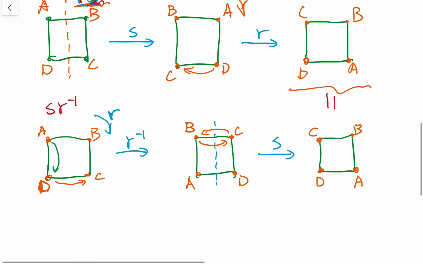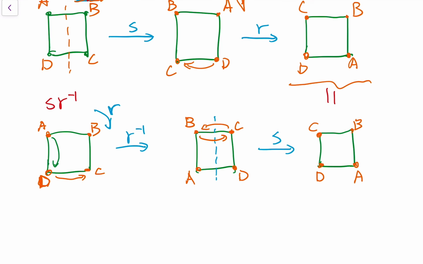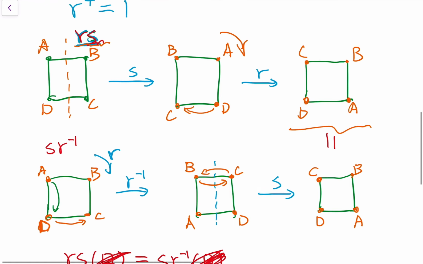That means applying RS to the square is equal to applying SR inverse to the square. So if we ignore the square, we get RS equals SR inverse.